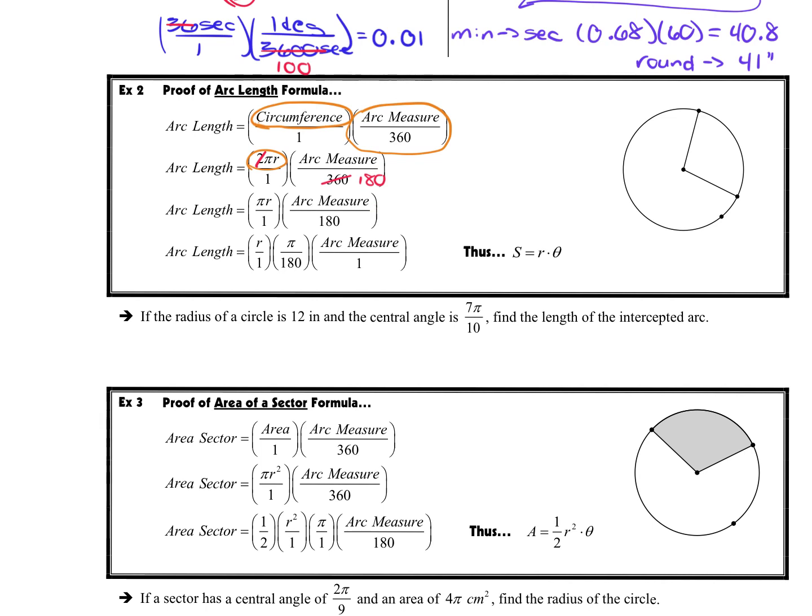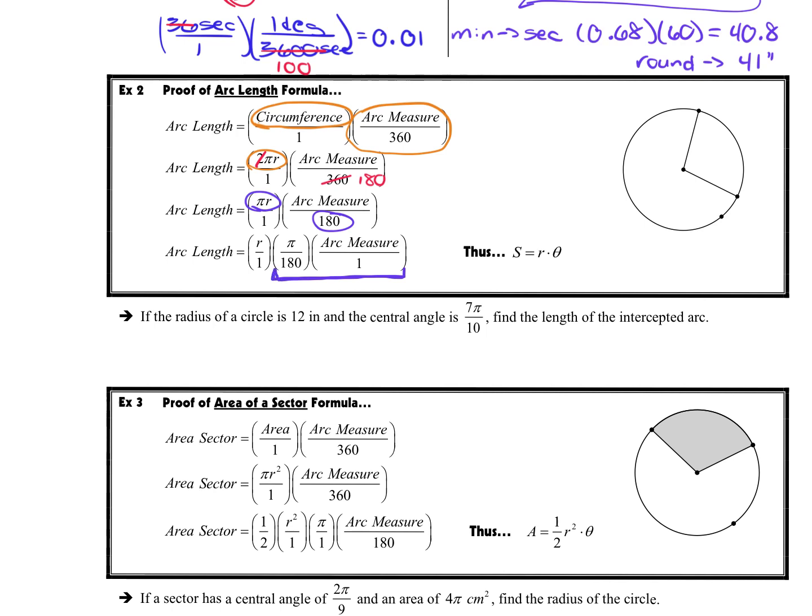Then I did a little bit of rearranging. So looking at this pi times r over 180, I just grouped that a little differently. I pulled out the r separately, and then the pi over 180 went right here. Now, from here, what we have is this pi over 180 times the arc measure.